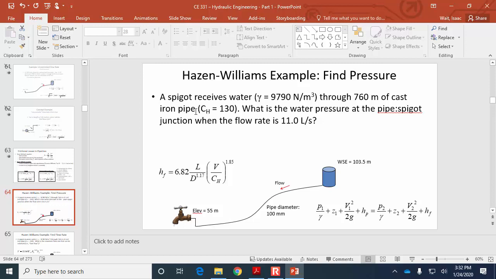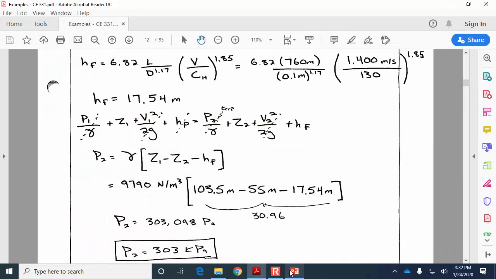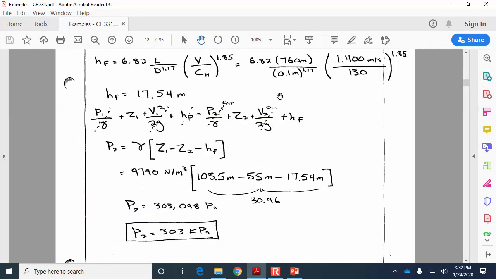I think there's a table in chapter 10 that tells you what the epsilon is for cast iron. So you would have gone through the process of maybe using the Swamee-Jain equation to find the friction factor, f, and it would have been a different equation that you're using to find H sub F. But then all the other parts of the problem would have been the same.